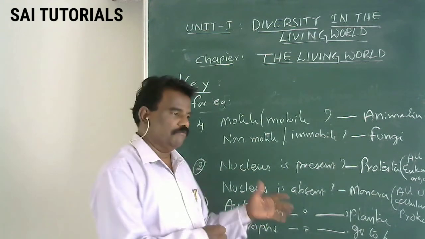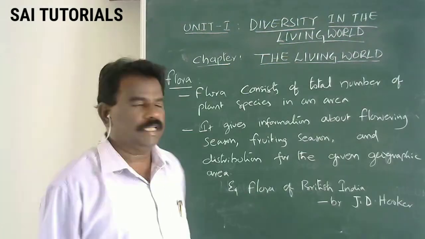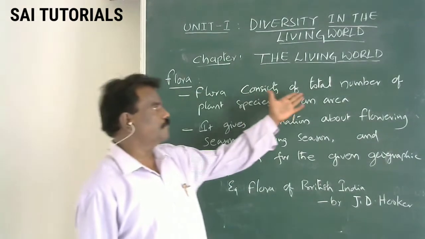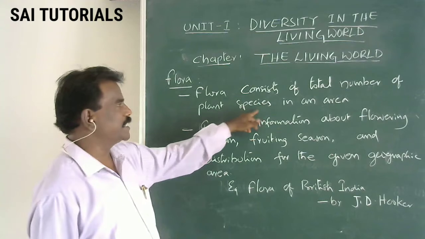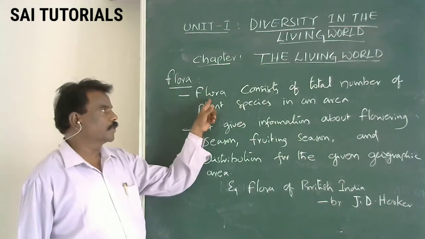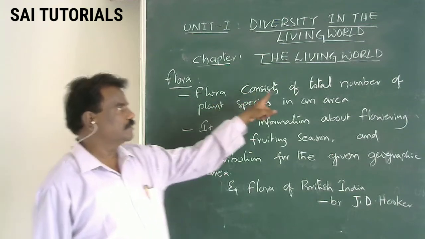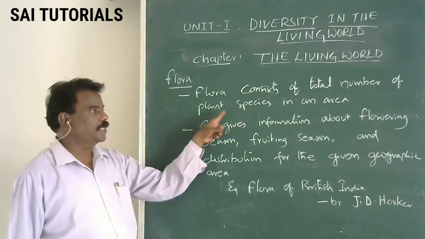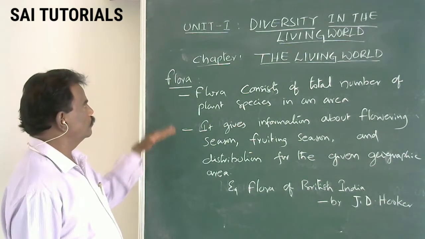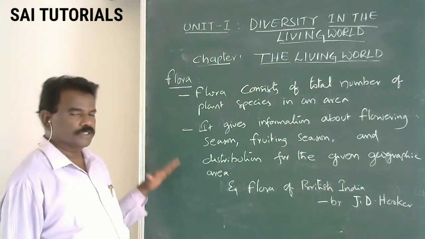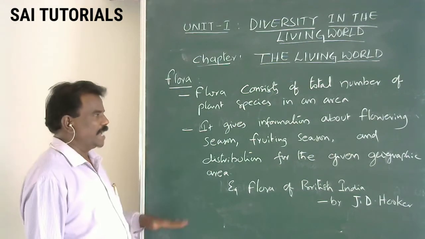You can see further taxonomic tools. The flora. Flora consists of the total number of plant species in an area. How does flora help us? It is also useful for identification of plant species.